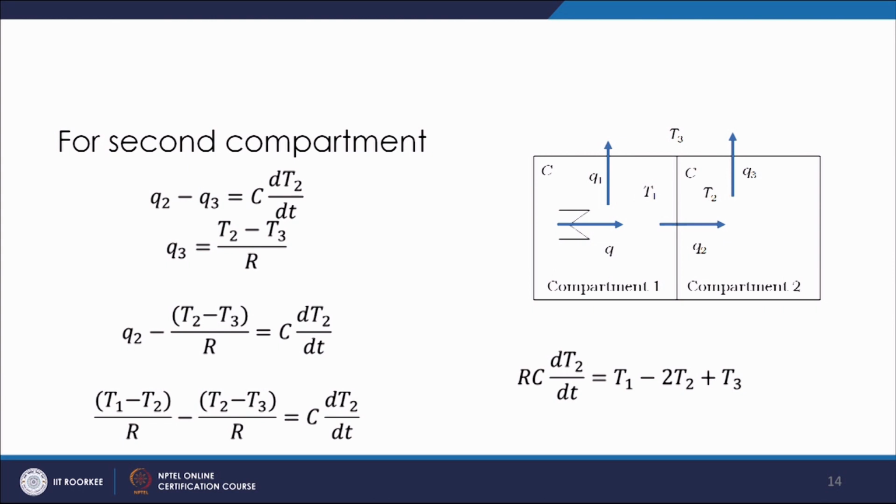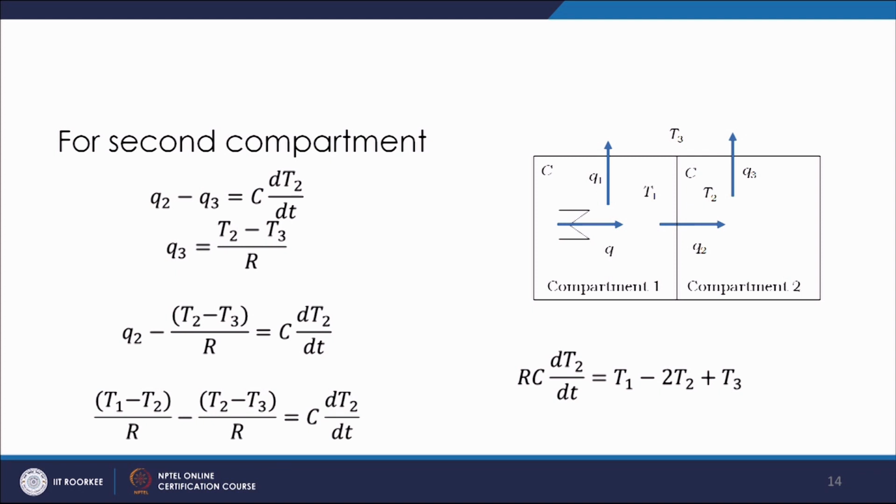So, this Q3 is (T2 minus T3) divided by R, and I can substitute this Q3 value into this expression. So, what I have is Q2 minus (T2 minus T3) by R is equal to C dT2 by dt, and this Q2 value I get from the expression for the first compartment, this one. So, this is my Q2, that is (T1 minus T2) by R.